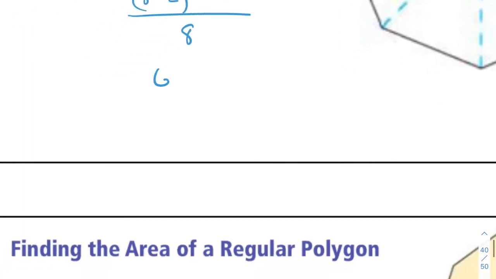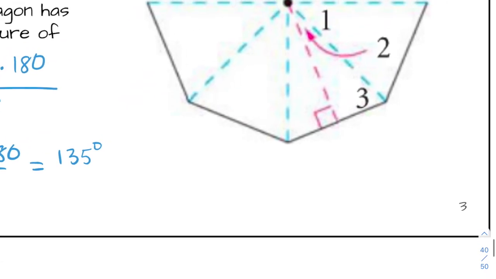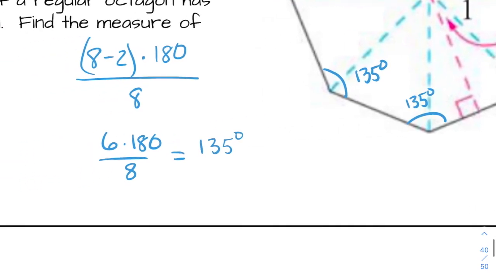So I'm going to do 6 times 180 divided by 8. So I get 135. So this is 135 degrees. This is 135 degrees.